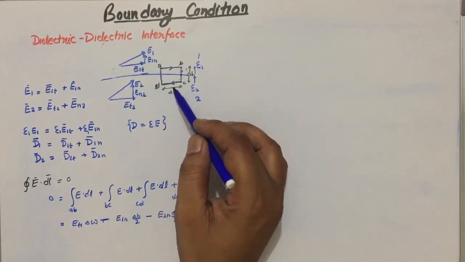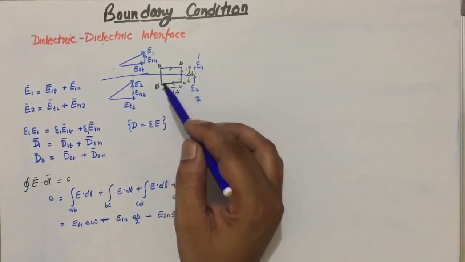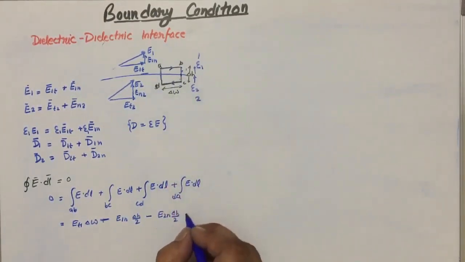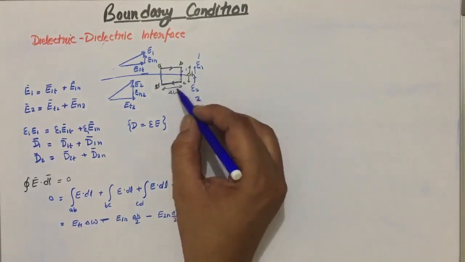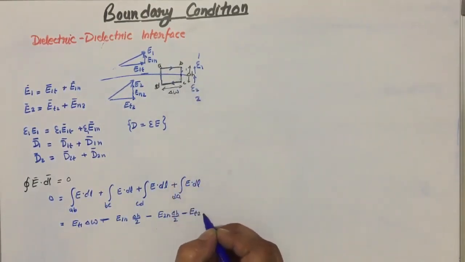The angle between this E and L will be 180 degrees, and again it will follow the negative sign. So after that you can write E, this is T2 del W. Hope it is meaningful to all of you.